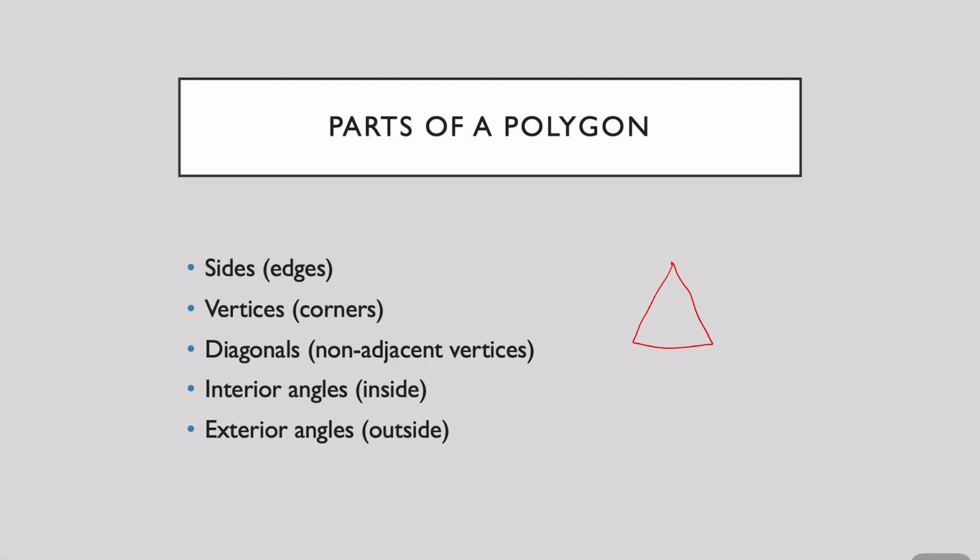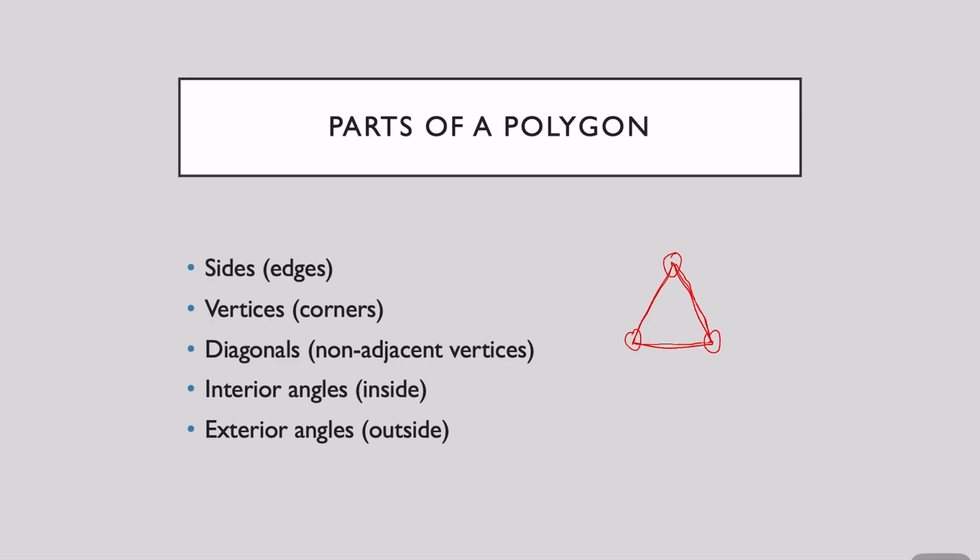So, let's start with this triangle. Sides, so these are your sides, or edges, what we call, this is side 1, 2, 3. Okay? And then, what are vertices? These are your corners, these are your vertices. Usually for our polygons, the number of sides is the same as the number of vertices, no?